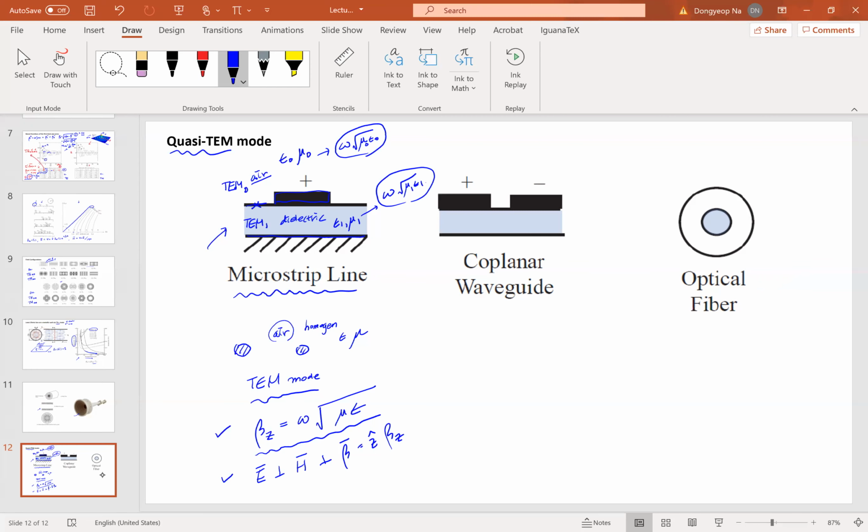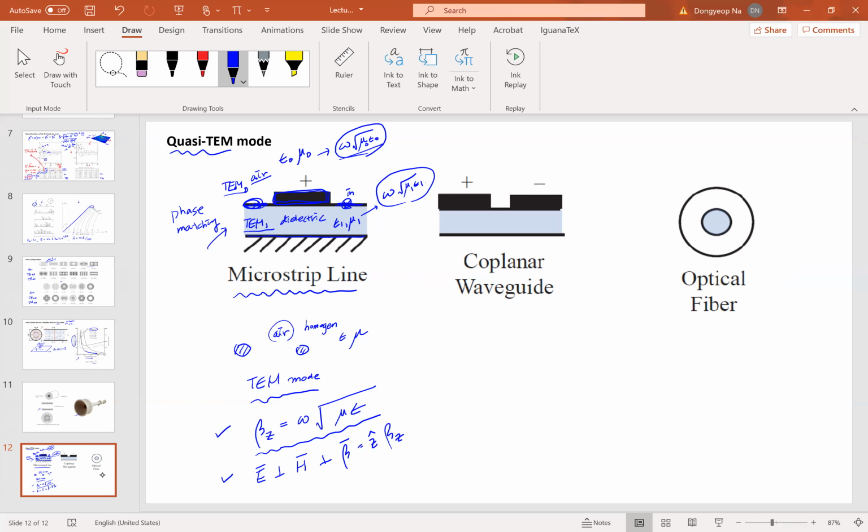Actually, this is not the metallic surface. This is metal, and this is the interface between air and dielectric material. But we can find that these two waves cannot satisfy the phase matching condition at this interface.